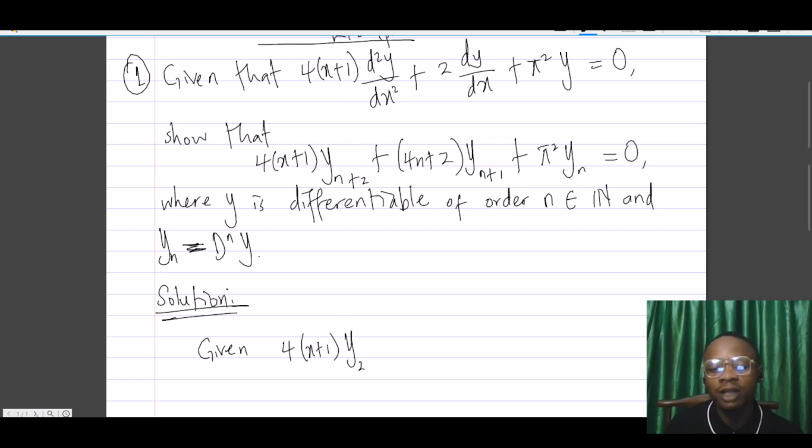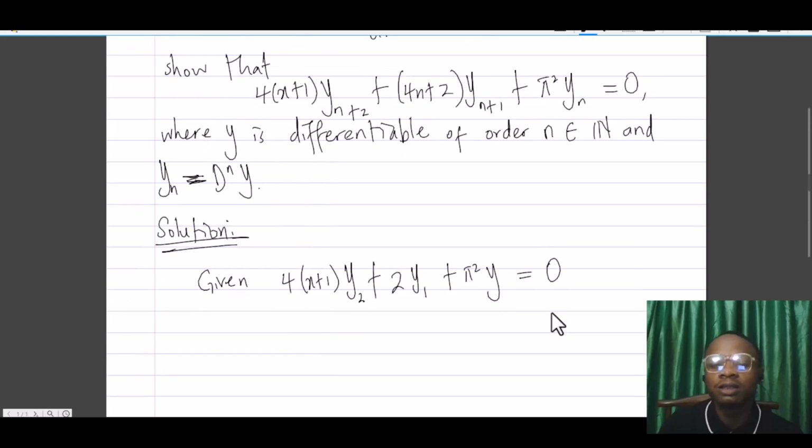We can write it as y_2 or d²y/dx², the same thing, because we have been told that this notation means the nth derivative of y. So if you write y sub 2, that is the second derivative of y. So then this will be plus 2 y sub 1, then plus pi squared y. We're told that this is equal to 0.